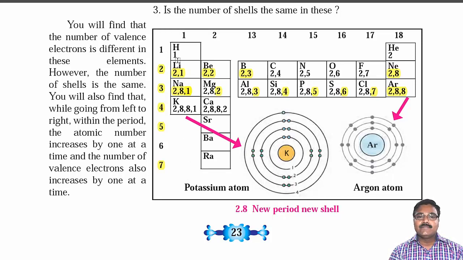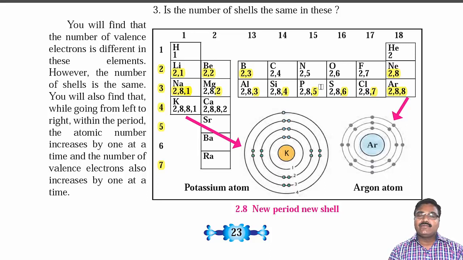Here you will see all the elements present in one group have the same number of electrons in the outermost orbit, and as there are the same number of electrons in the outermost orbit, they will show similar valency. That means down the group valency does not change, but across the period valency goes on changing in the modern periodic table.